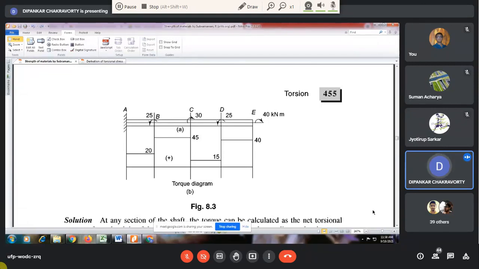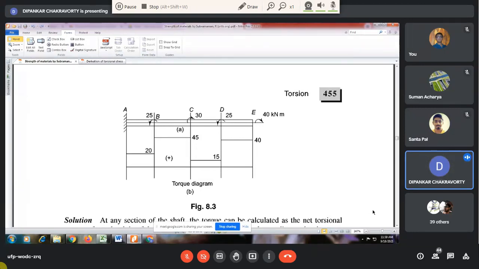If you assume that the torsional vector acting towards left is positive, then at E, what will be the torsion? Plus 40 or minus 40? Plus 40. Yes, because you have assumed that the torsion vector acting towards left is positive.